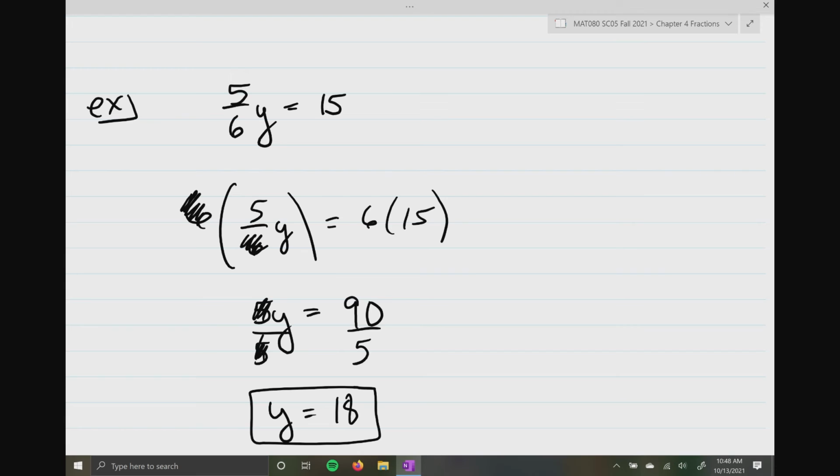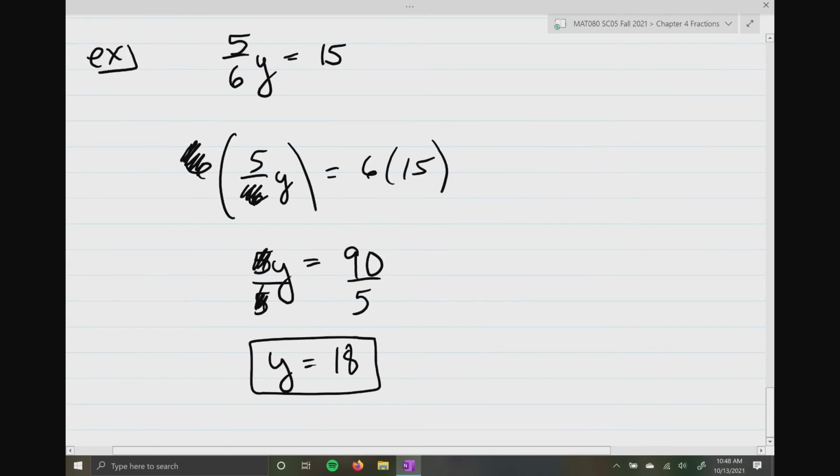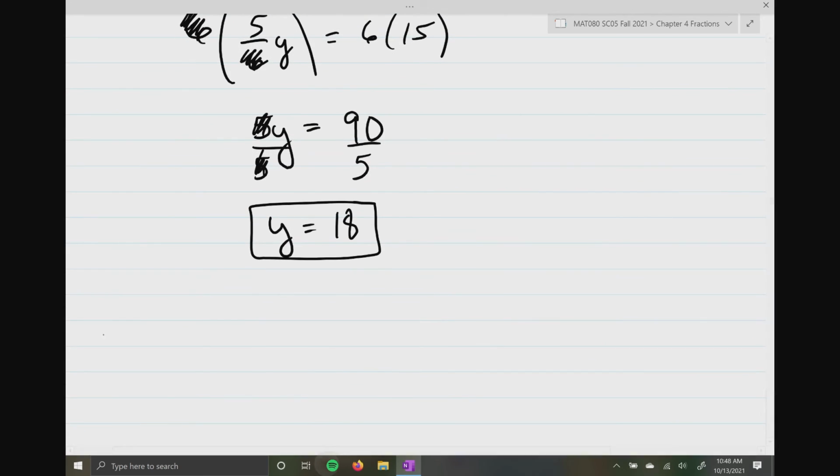All right. Last problem of the day. Last problem of the chapter. When's your test? Next Monday. Excellent. I had a dream that our test was today, so I thought it was today.